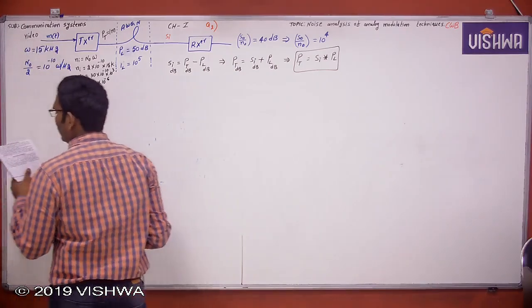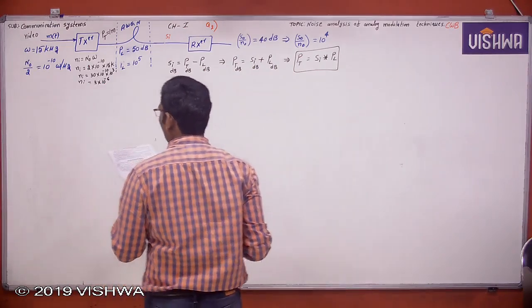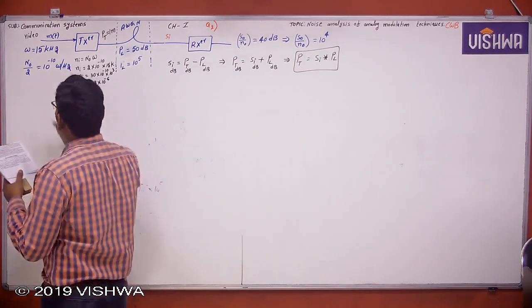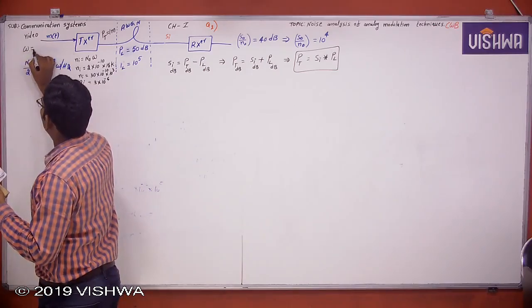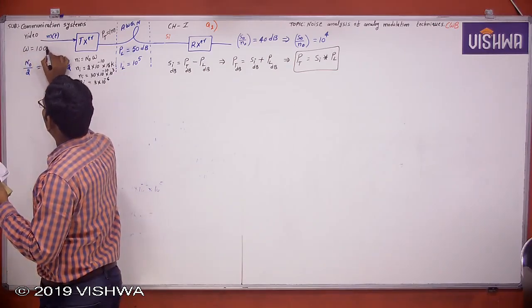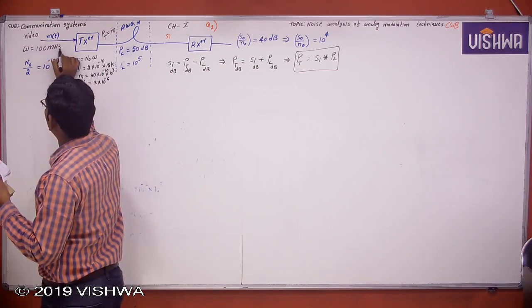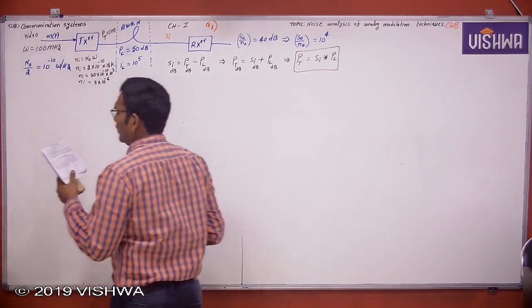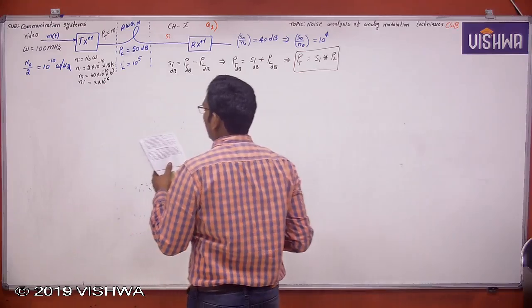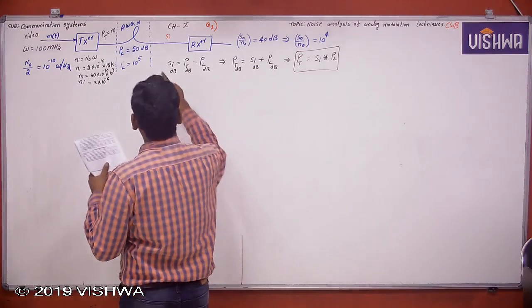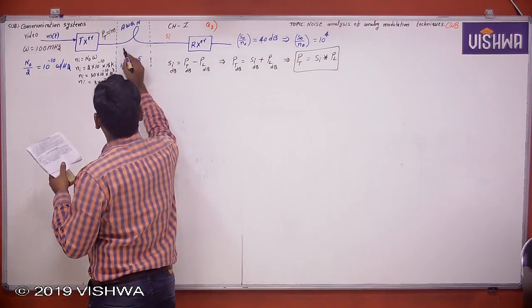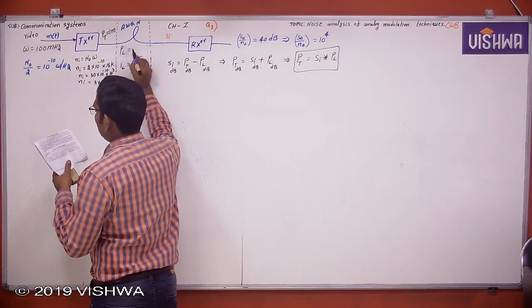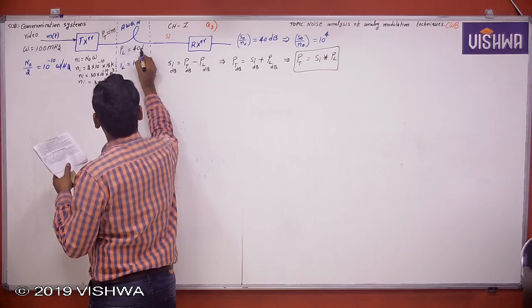A video signal having a bandwidth of 100 MHz, because video signal is having the highest, is transmitted to the receiver through a cable that has a loss. Power loss is given, cable loss is given, which is 40 dB.